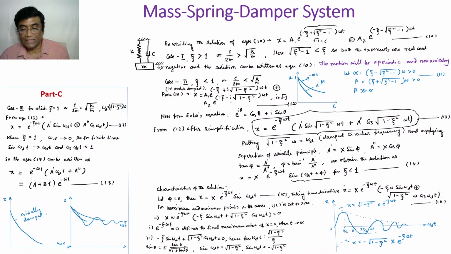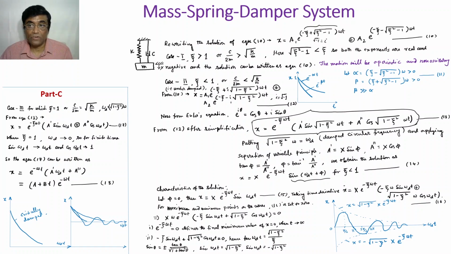Whatever this might be, it is e to the power minus something. So wherever it starts, the amplitude of oscillation will be decaying because of this quantity. And with that decaying amplitude, it will oscillate because the sine term is there, for zeta less than 1. That is when the system is underdamped.